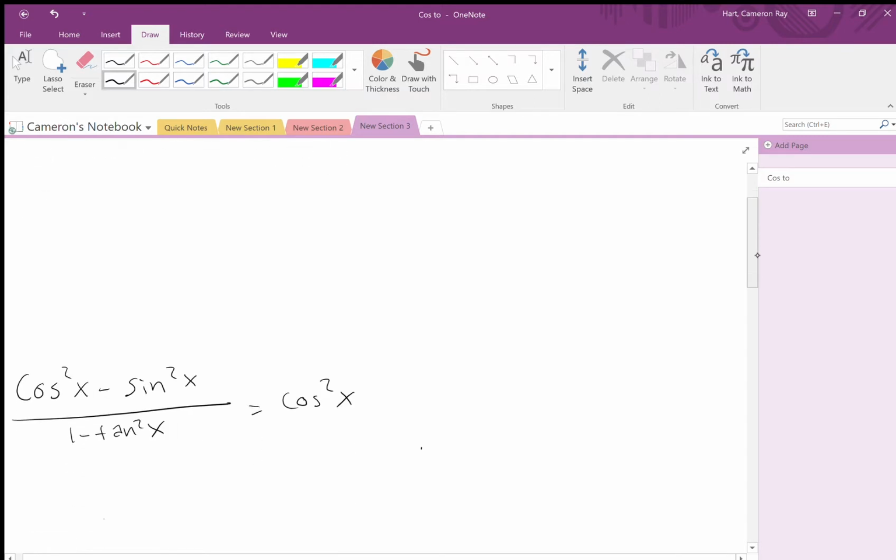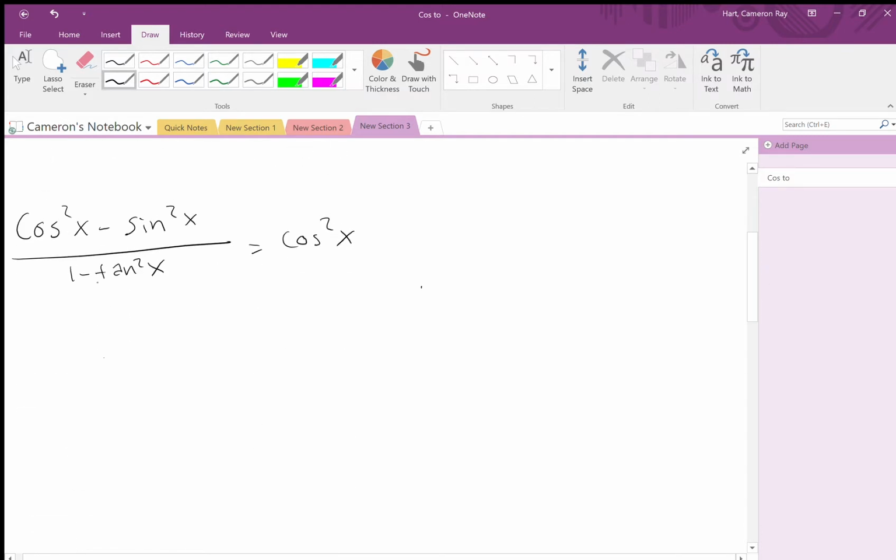The first step I would do would involve changing the bottom part, and I would use the tangent identities and the reciprocal identities.